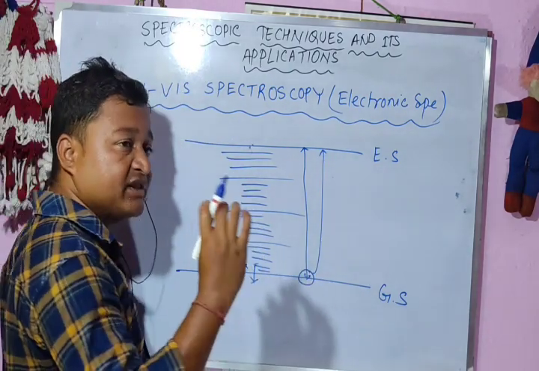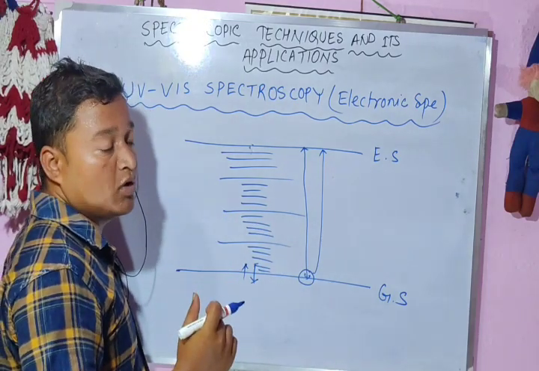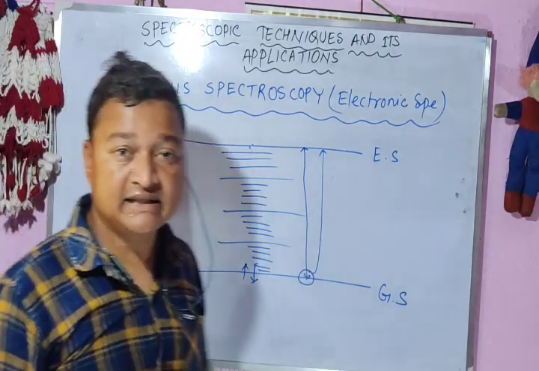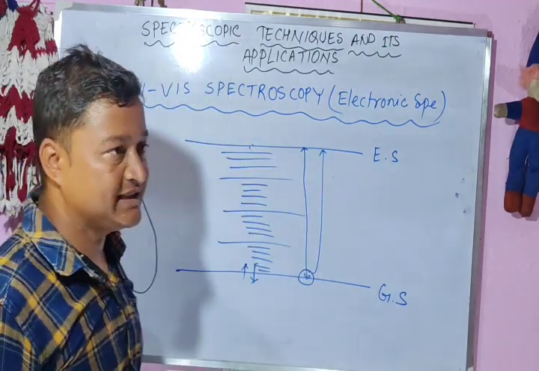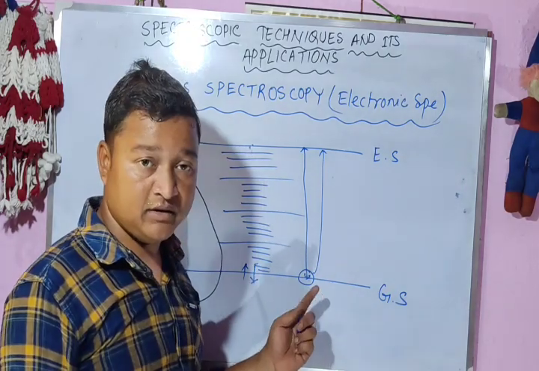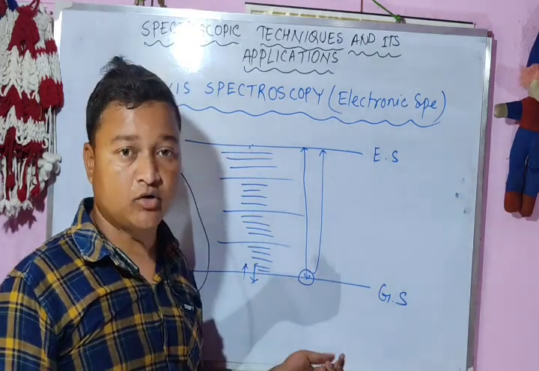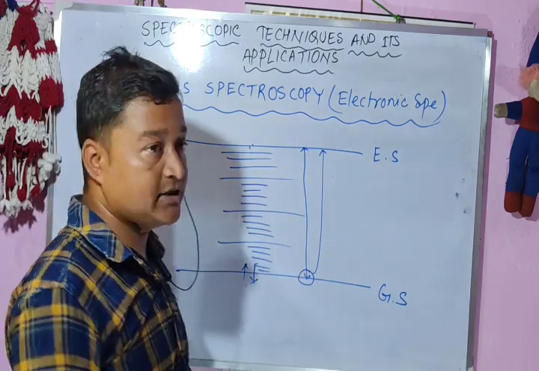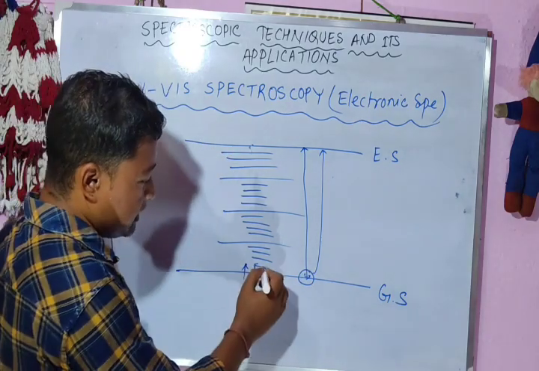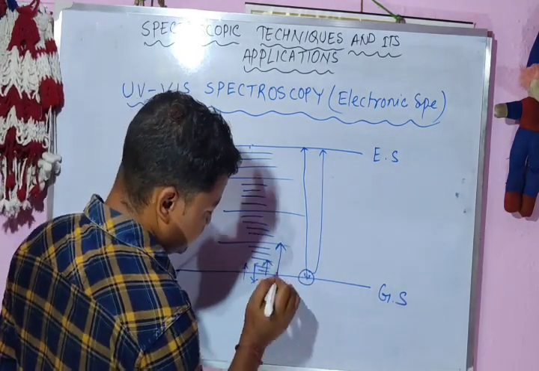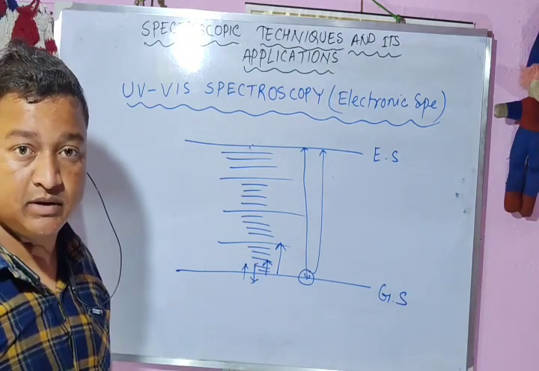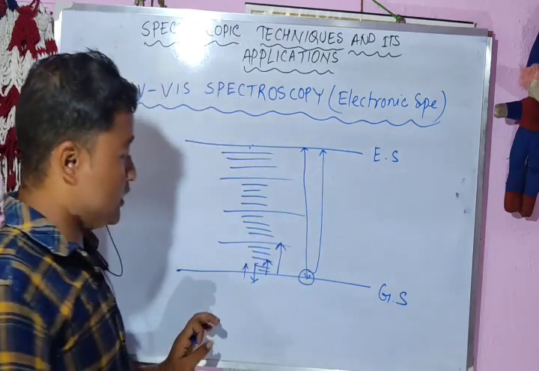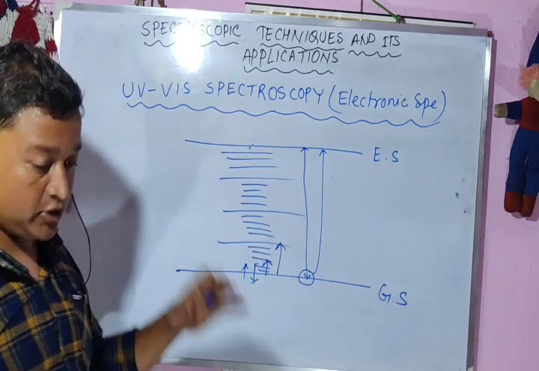And if the energy is so small, that is IR or microwave, when the energy is quite small, for the IR region and for microwave, then electronic spectroscopy does not show; only rotational or vibrational spectroscopy is shown.